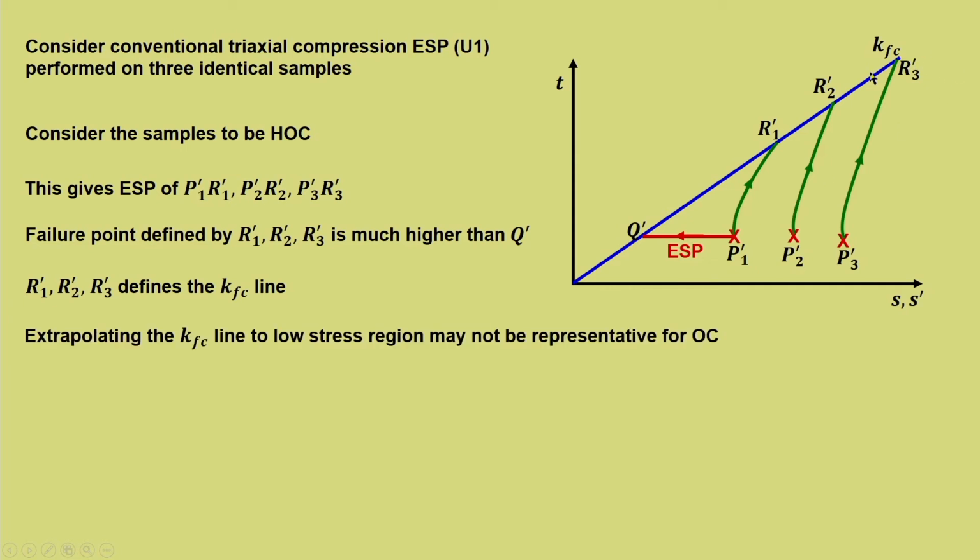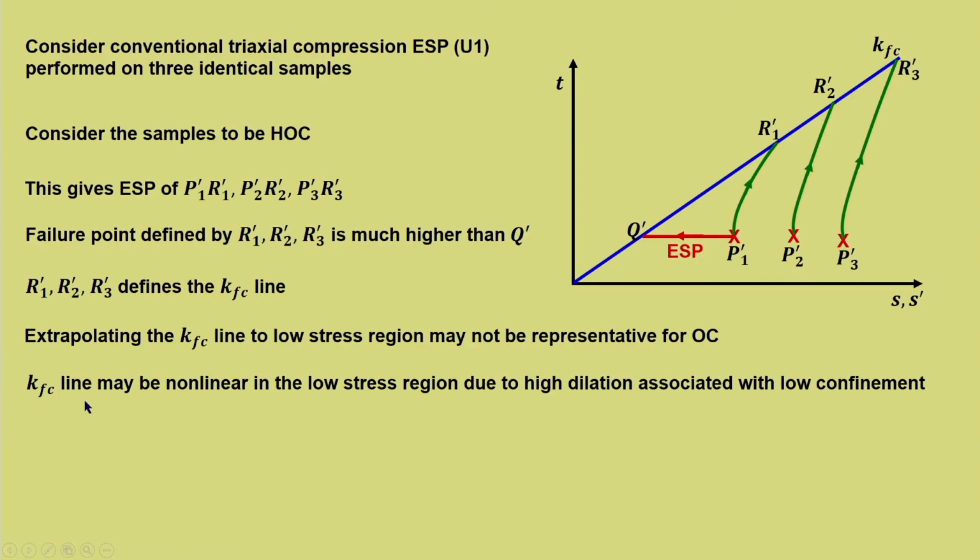Now, if we try to extrapolate R3 dash, R2 dash, R1 dash downwards for the present case, then in the lower stress region, it may not be representative for over consolidated soil. Why? We have seen that the failure lines are always non-linear in the case of over consolidated soil because of the variation in dilation.